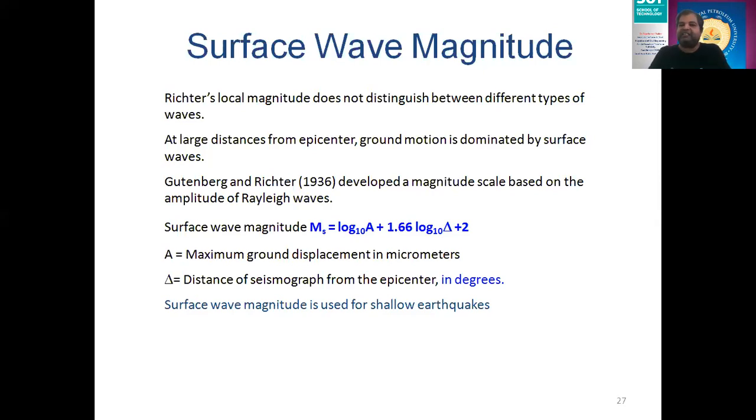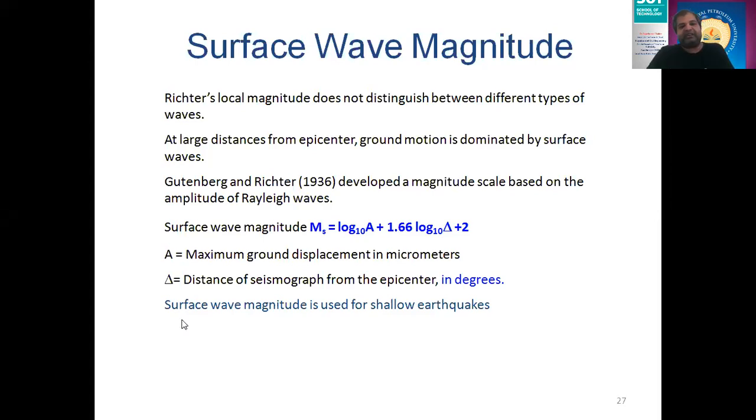That is the characteristic we are using here to measure the surface wave magnitude scale. With this principle, Gutenberg and Richter in 1936 developed the magnitude scale based upon the amplitude of the Rayleigh waves, R waves.